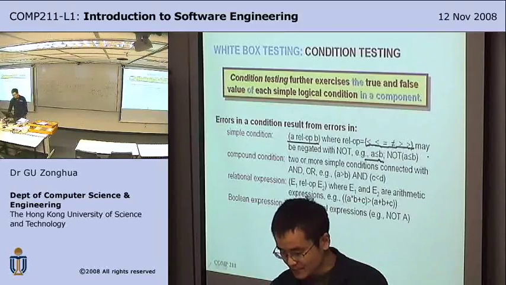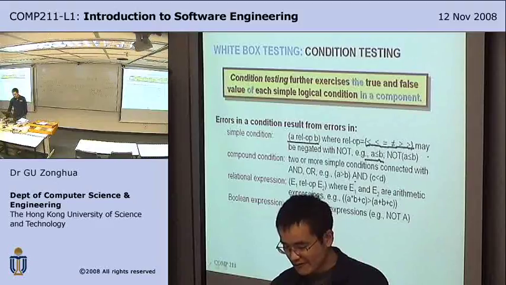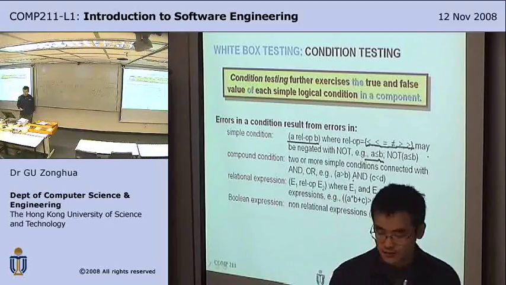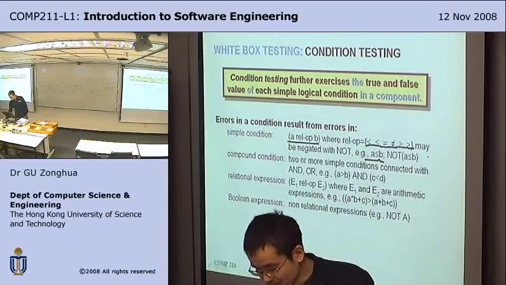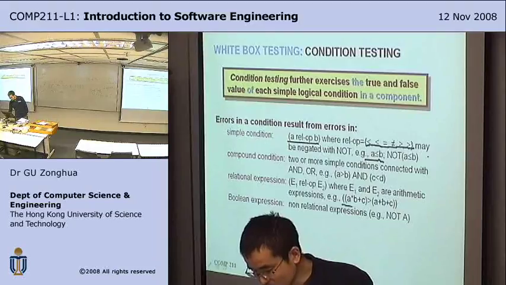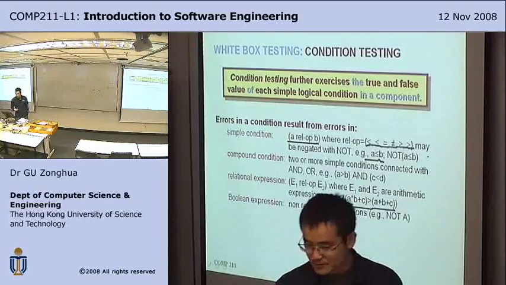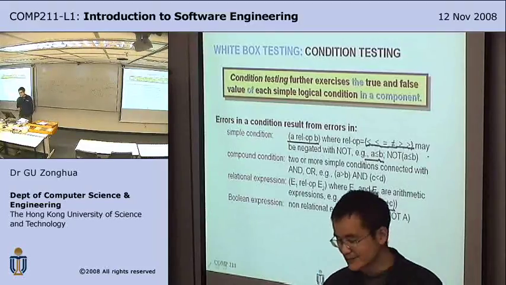Compound condition: 2 or more simple conditions connected by and or. So you may make a mistake in the and or part. A relational expression is a simple condition involving some arithmetic expressions.